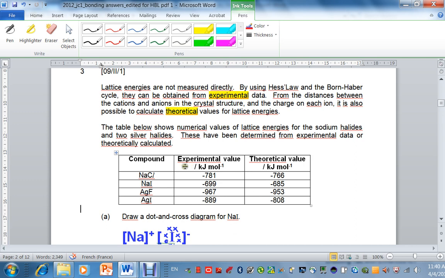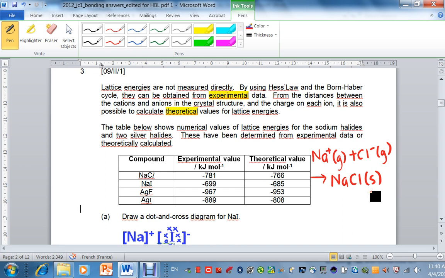For example, if we look at the lattice energy of sodium chloride, this is the definition. It's the gaseous ions coming together to form 1 mole of the solid compound.